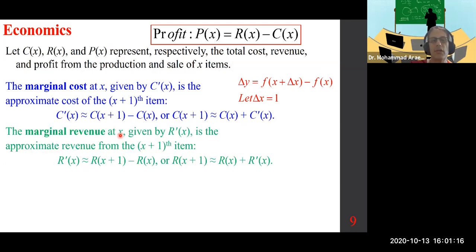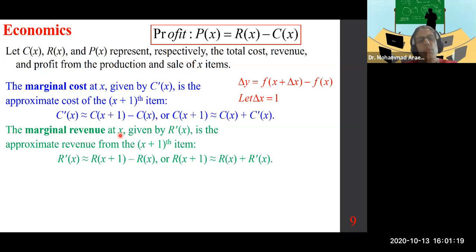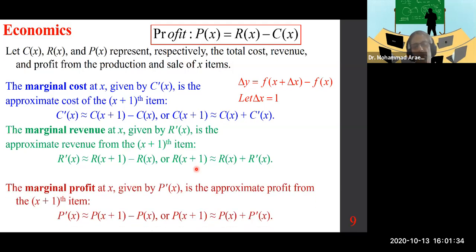Same thing for the revenue. R prime of x, what is that? Given the R function, differentiate. R of x plus 1 minus R of x gives us the revenue from the next item, the x plus first item. Same thing for the profit, which is basically R minus C. So the marginal profit at x, given by P prime of x, is the approximate profit for the x plus first item.